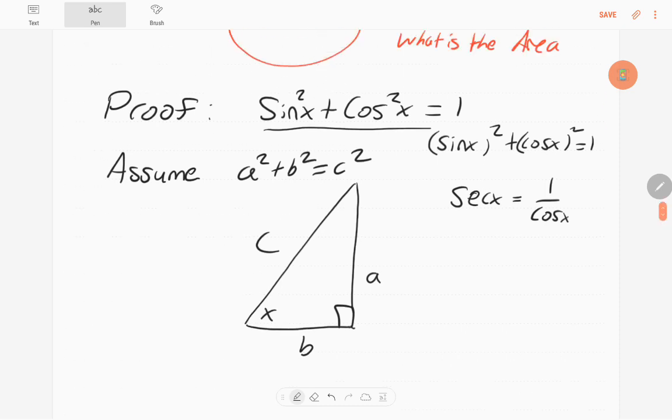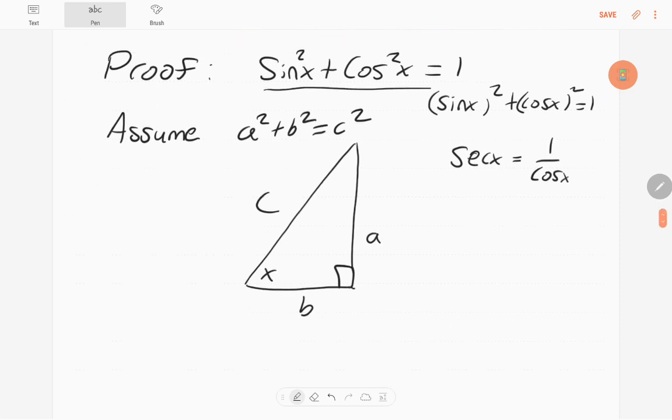Notice that 2, this is where math language in the community is a little interesting, because they like to put the 2 sometimes right here, meaning the squared. So it looks like you're just squaring the sine, but really you're squaring everything. I guess it just makes it look really fancy.